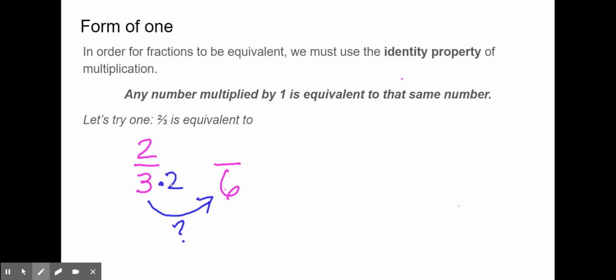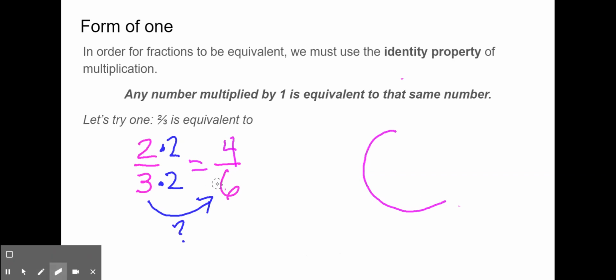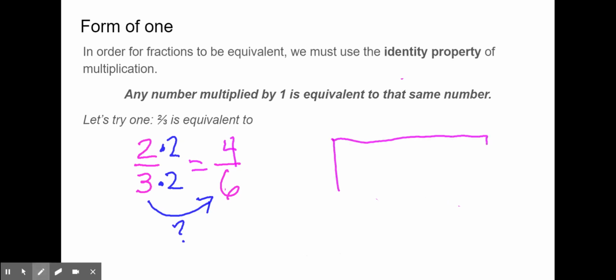But I can't just randomly go multiplying numbers and expect to get the same result. It has to be equivalent. So I also have to multiply the numerator by 2 to get your equivalent fraction. 2/3 is equal to 4/6. Let's look at a bar model to make sure that's true. So 2/3 and 4/6.